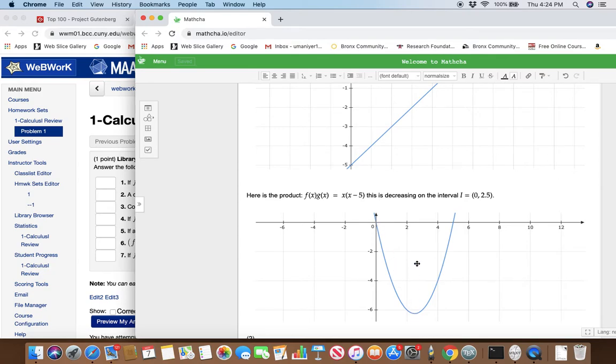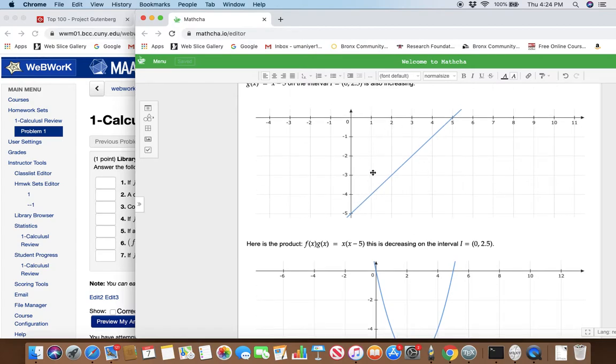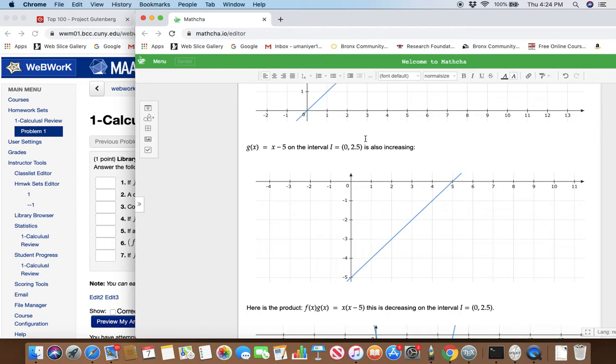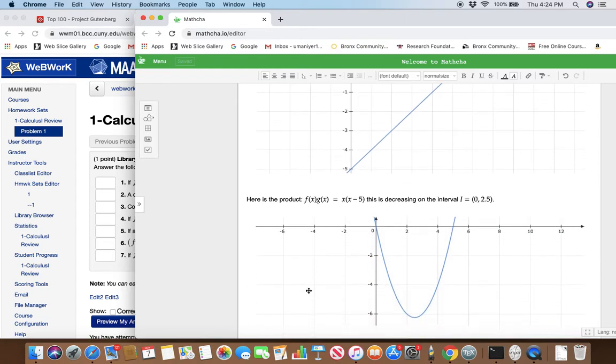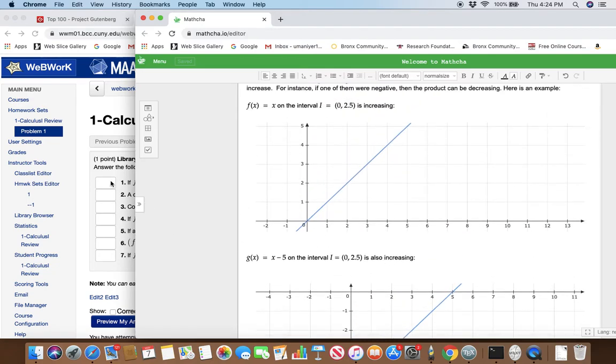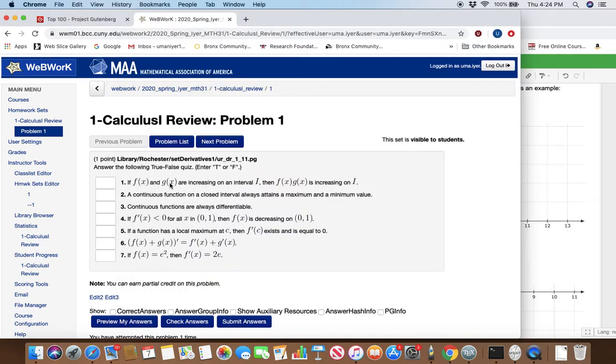Why would that happen? Look, g is negative. So expect some difficulty when one is positive, one is negative. Expect some strange behavior. Here it's decreasing and then it's increasing, and that's okay. But our claim here, if f and g are increasing, then their product is increasing, is a false claim.